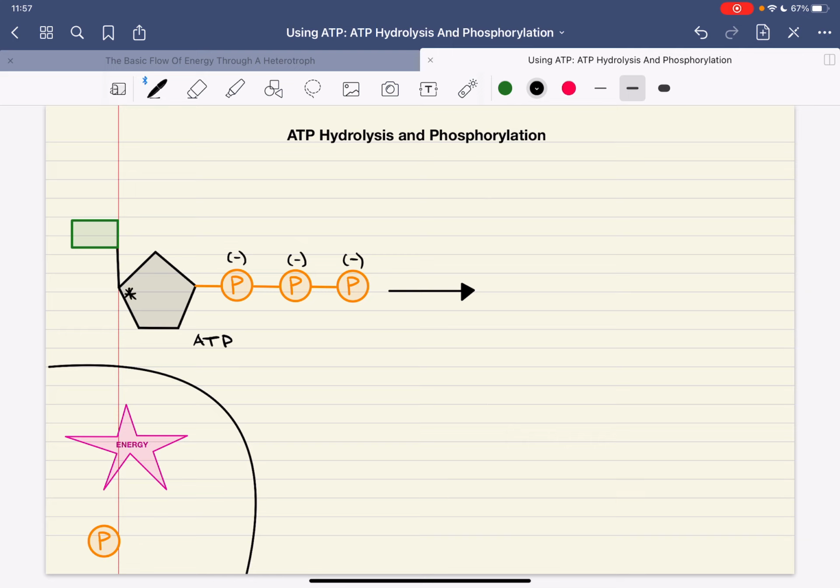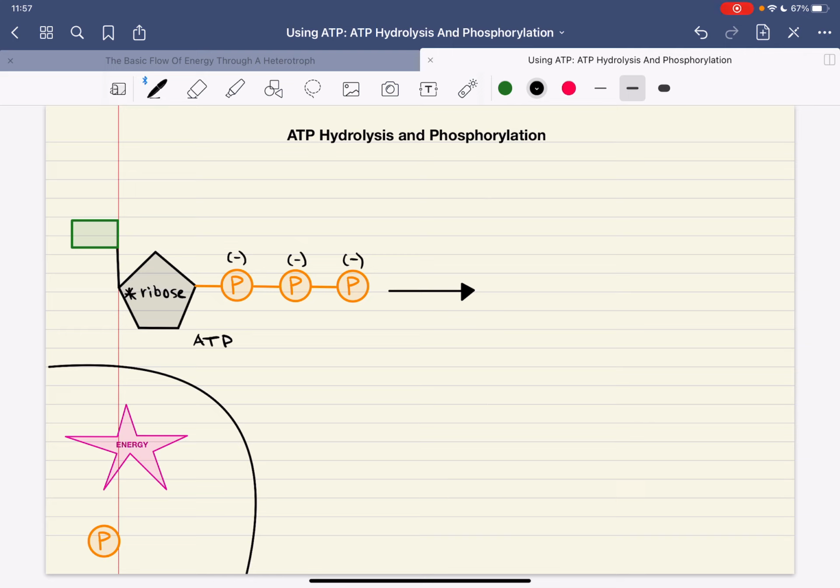The other parts are a 5-carbon sugar, just like you find in DNA, called, in this case, ribose. DNA is a little bit different. It's deoxyribose, but very similar. And then you have a base, just like A, T, C, and G in DNA.